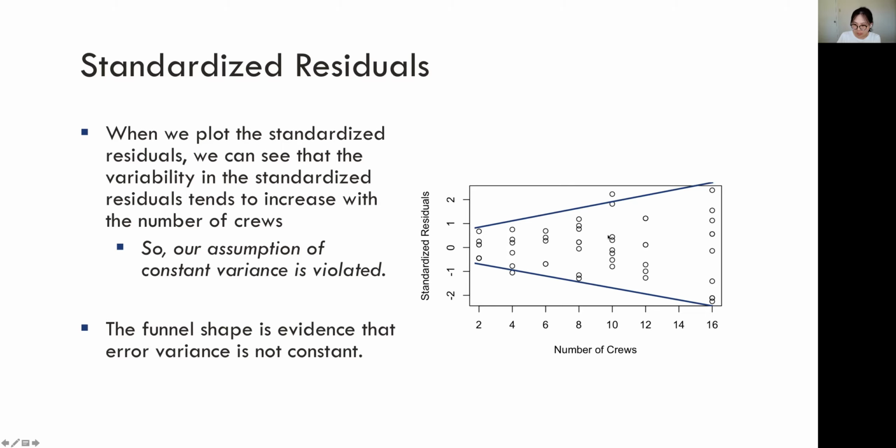It's increasing as you increase the number of crews. So in this way, we can tell our assumption of constant variance is violated. This funnel shape is the evidence that the error has non-constant variance.